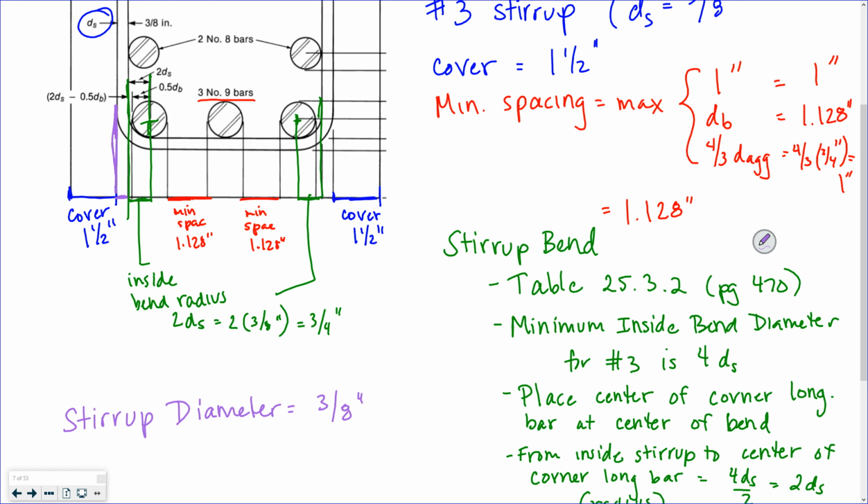That's where my cover stops. The next thing I know is from the inside of that stirrup to the center. So I just need 3/8 of an inch. Same thing over here.